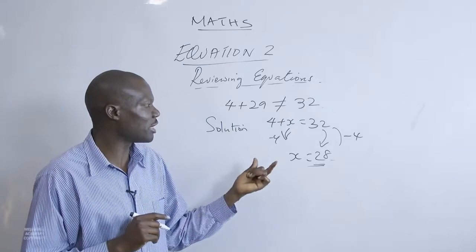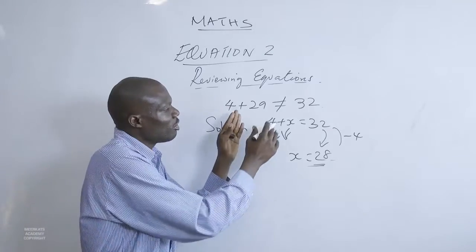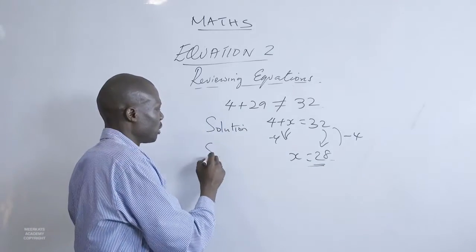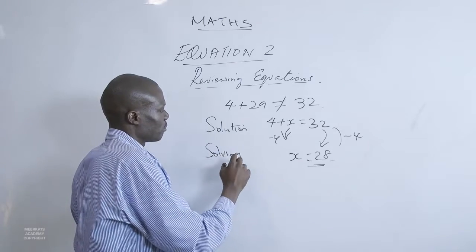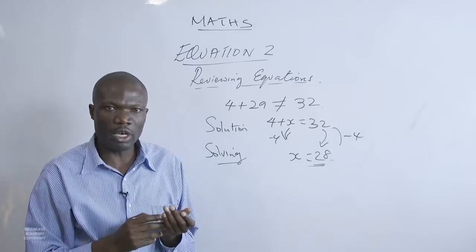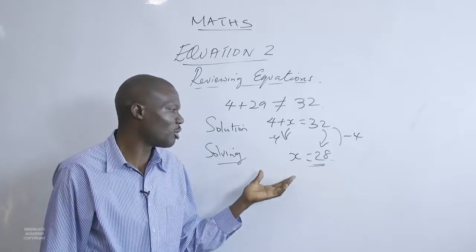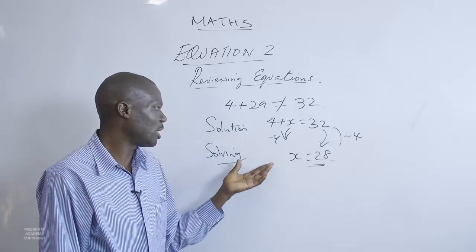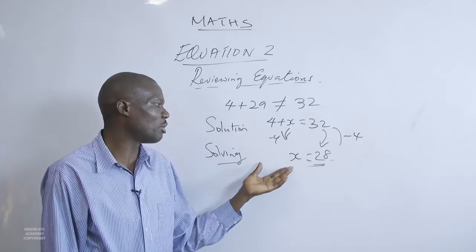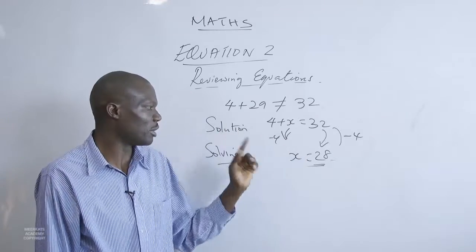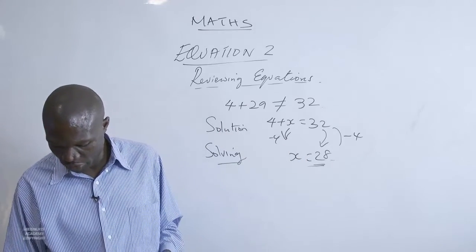If this 28 is a solution, then the process of getting this solution is called solving. So while you are solving the equation, you are simply looking for the value of x, or the value of the unknown. That is called solving.